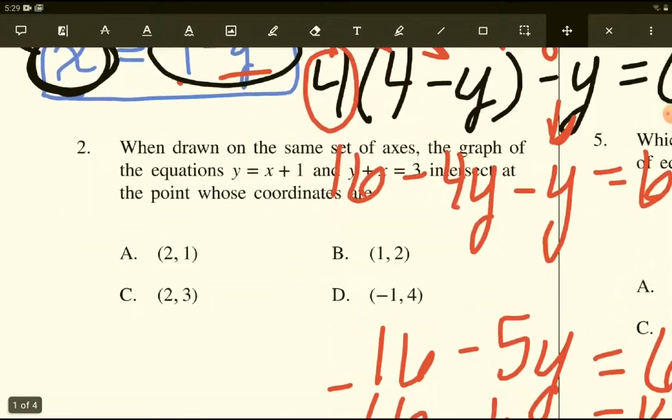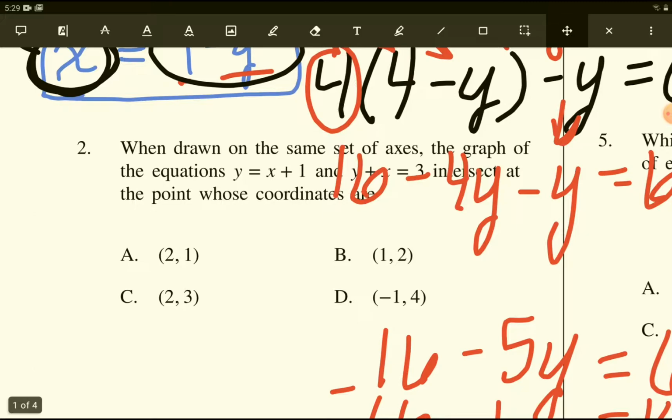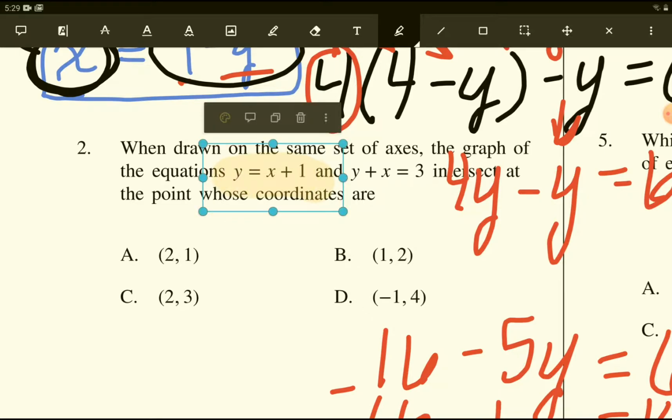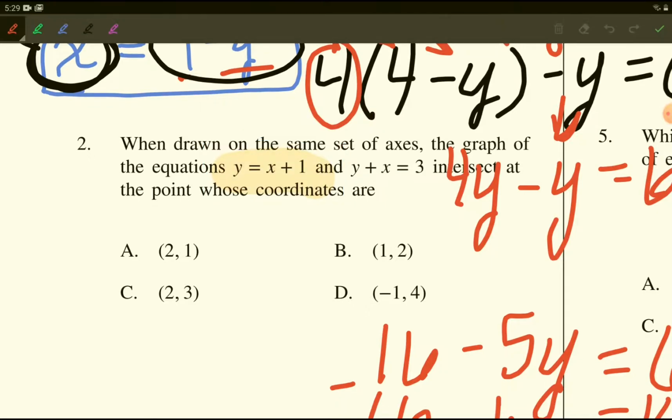But so number 2 is, oh look, number 2, they were nice to you. Look how they isolated it for you. Look how nice they were. And so you would just plug this into whatever y, which is what they said, y is x plus 1, that would go here.